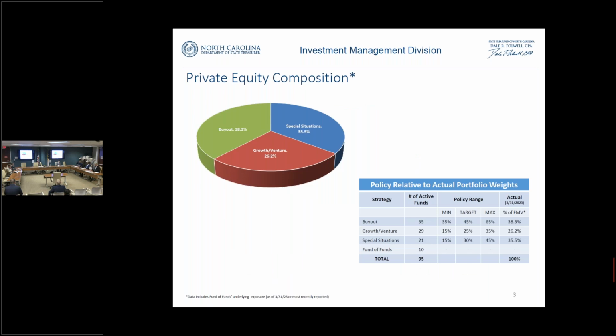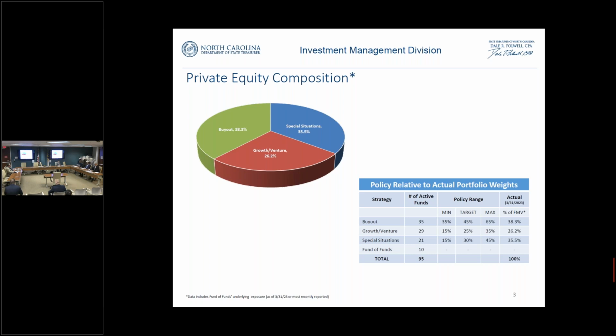Next page. We've used private equity composition in terms of the strategies. Remember that we are ourselves a fund of funds, the way you would look at it. So we take our fund-to-fund commitments, look at the underlying strategies, and divvy them up amongst the three major sub-strategies, which would be buyout, special situations, and growth venture.